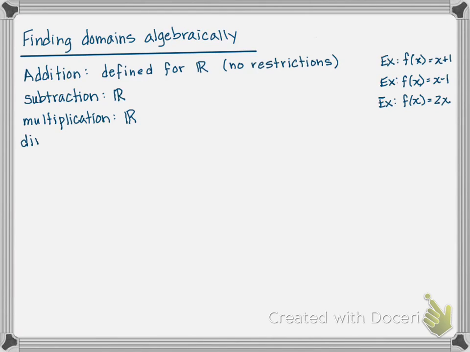So division, we have two different ways of thinking about division. We can think of division as what numbers we can divide, so the number that's in the top of the fraction.